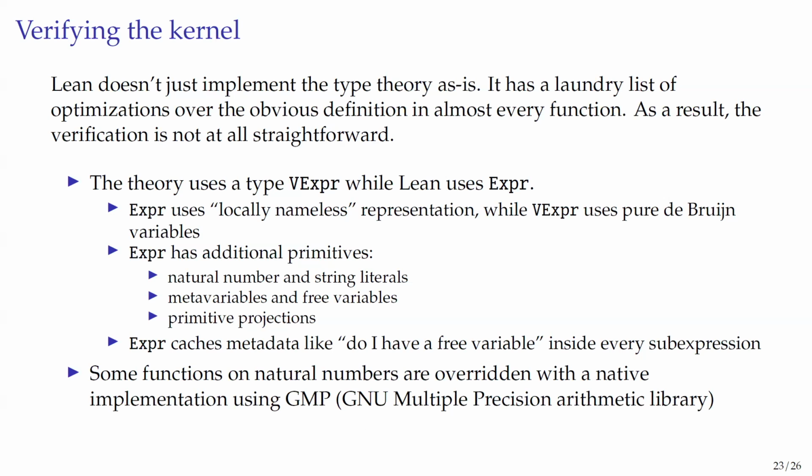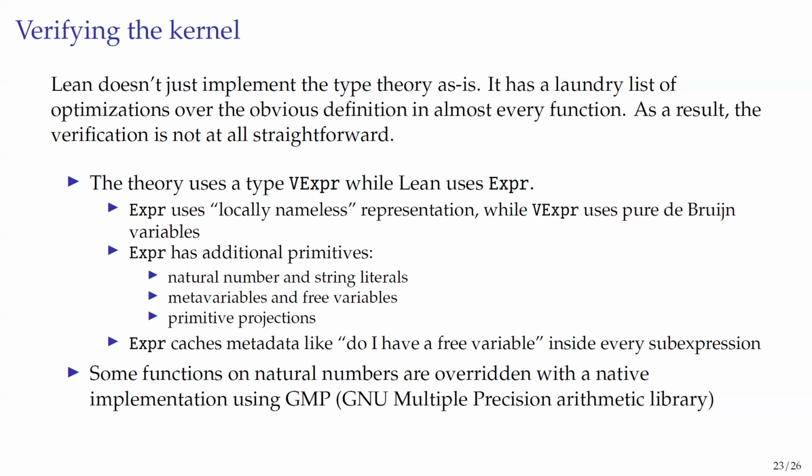Expr has a bunch of additional primitives, so it has natural number and string literals, so that you can have 37 just stored as an actual natural number, and it will actually compute with those as well. So if you have 37 plus 22, the Lean kernel will recognize you're applying the function Nat.add, and then instead of unfolding the definition of Nat.add, which does a computation in unary, it will run GMP in order to evaluate these functions.